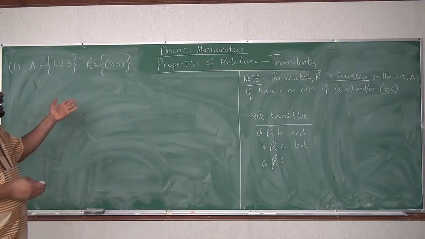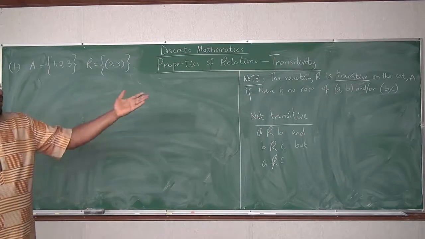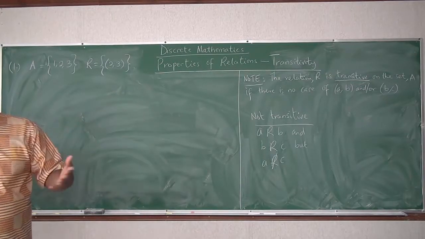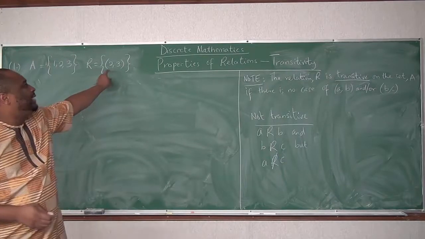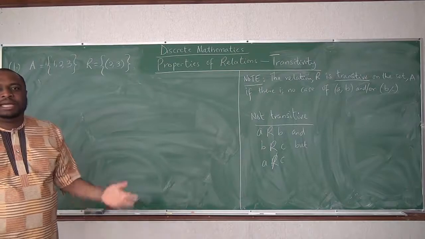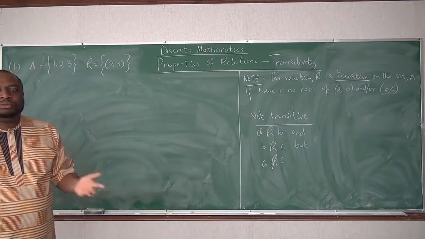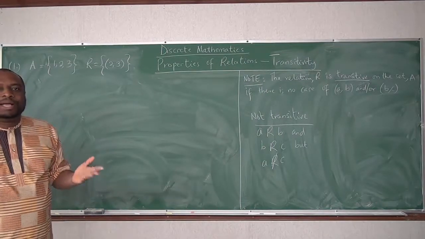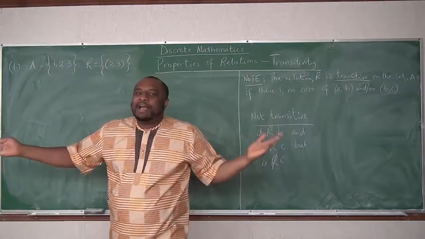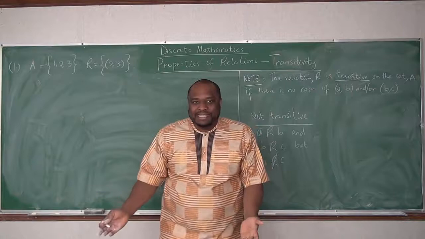So if you look at this now, you don't even have a, b, c. In the relation, you only have something like a and b. If you say let lowercase a be 2 and lowercase b be 3, then you don't have c.